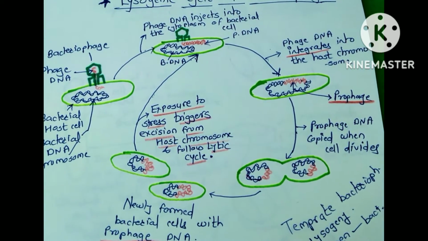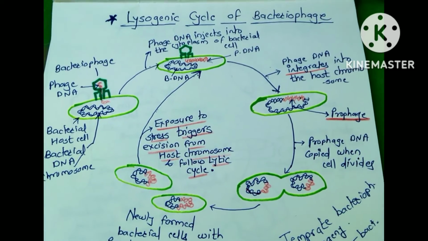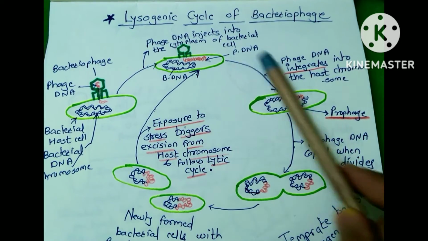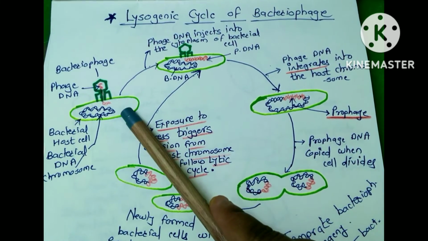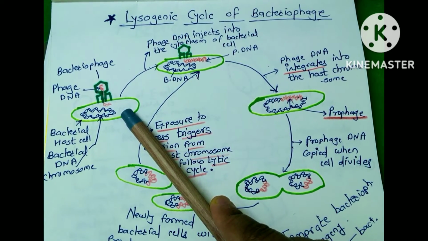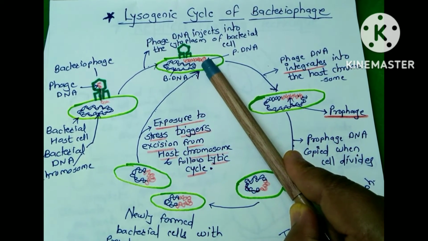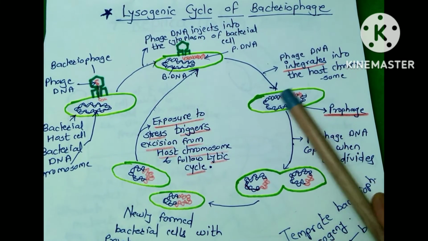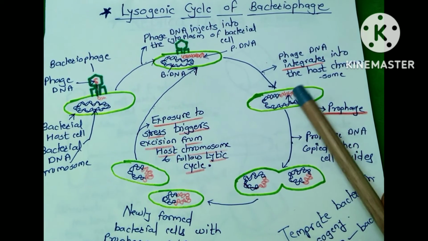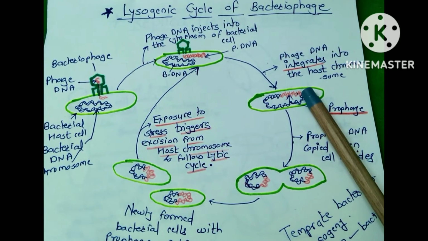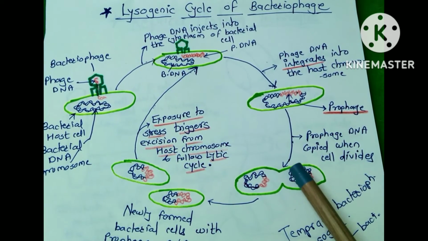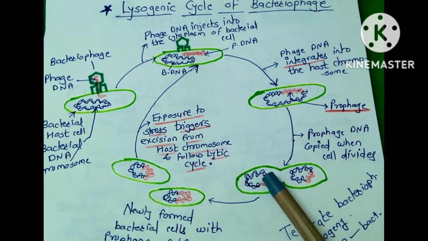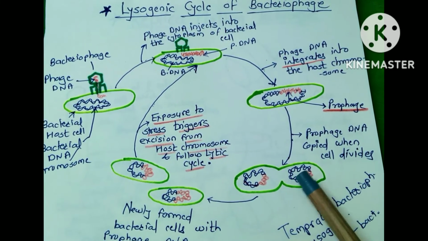So this is all about the lysogenic life cycle of the bacteriophage. We can summarize this process: the first step is attachment of the bacteriophage to the bacterial cell, then insertion of the phage genome into the cytoplasm of the bacterial cell, then integration or insertion of the phage genome inside the bacterial chromosome, then multiplication of the phage genome with the bacterial cell when the cell divides.